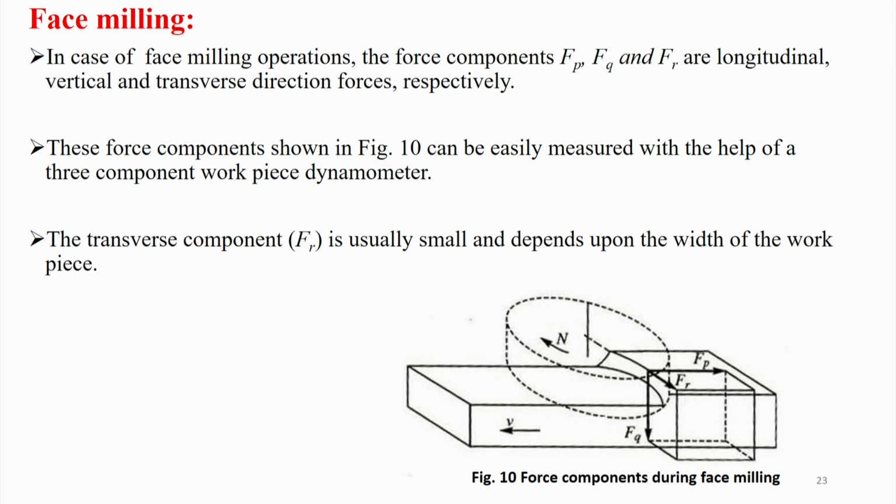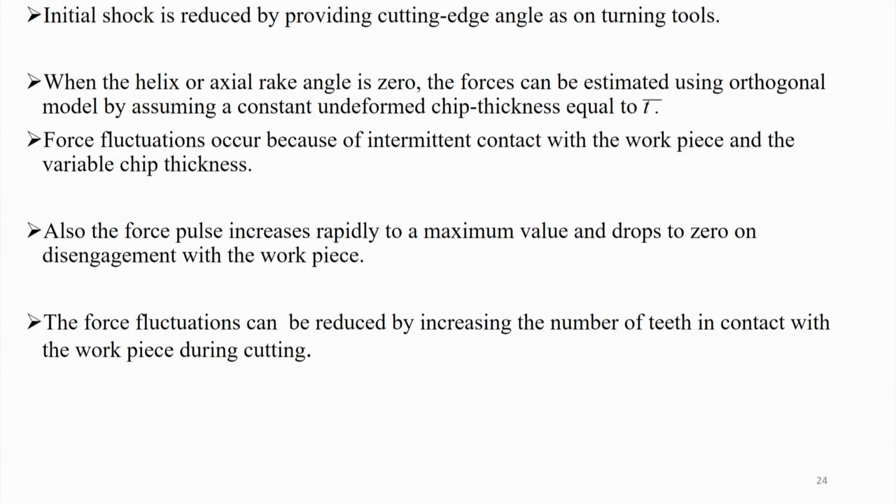The transverse component Fr is usually small and it depends upon the width of the workpiece. Initial shock is reduced by providing a cutting edge angle as on turning tools. When the helix or axial rake angle is 0, the forces can be estimated using the orthogonal model.